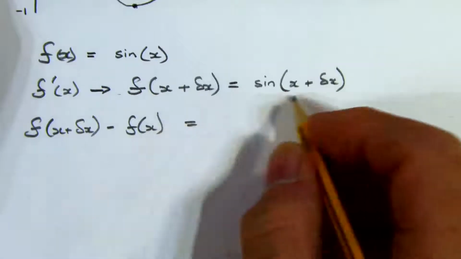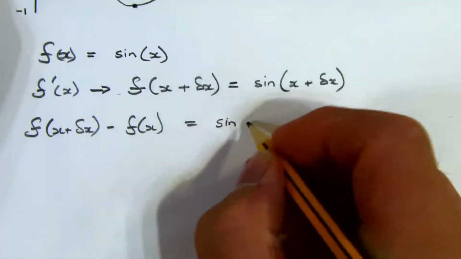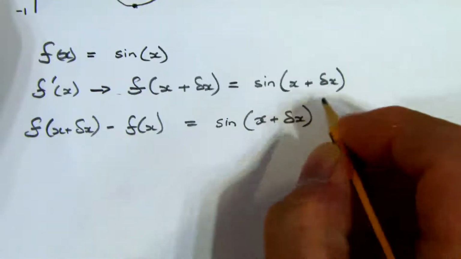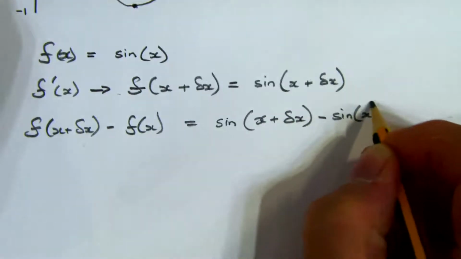Well, if we relate that to the sine and put sine in there, this is going to be the sine of x plus delta x minus the sine of x.